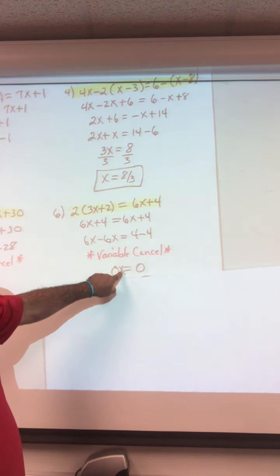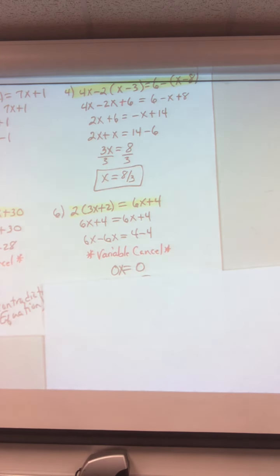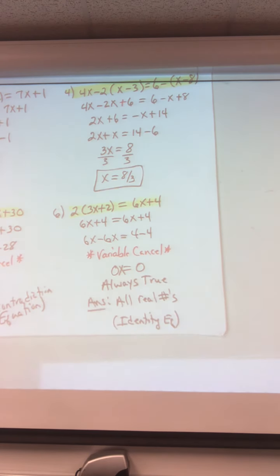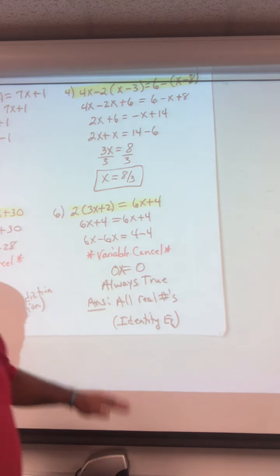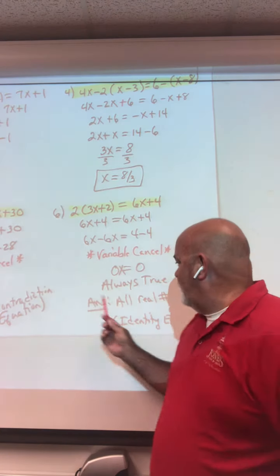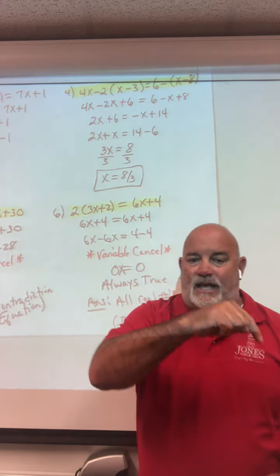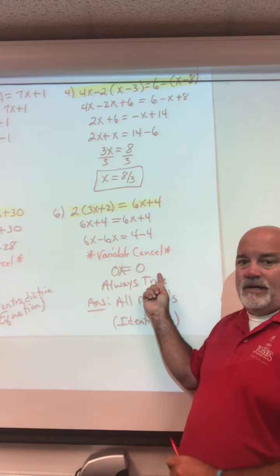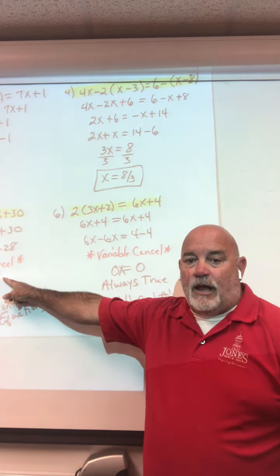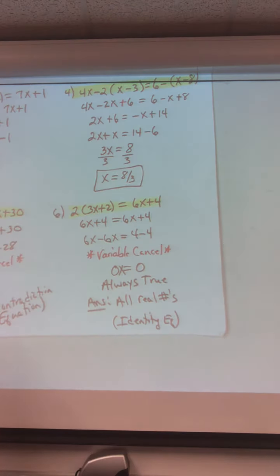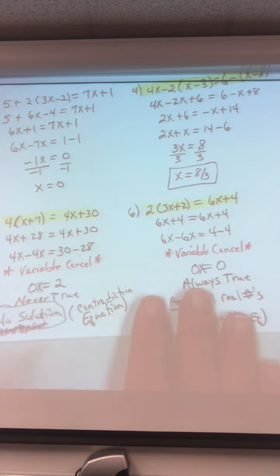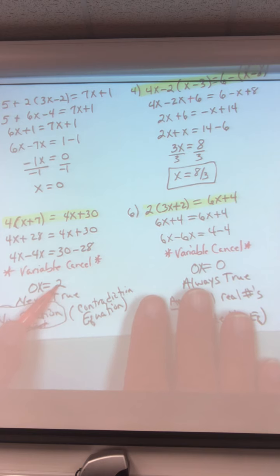So if you get 0x equals 0, the answer to that is all real numbers, or an identity equation. So, all real numbers will always be 0x equal 0. Always. No solution will always be 0x equals some other number.